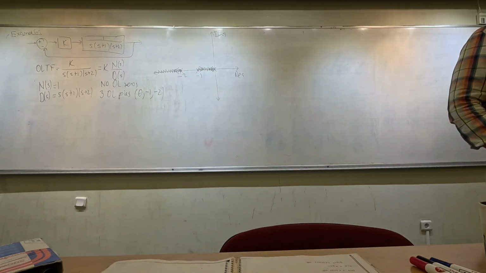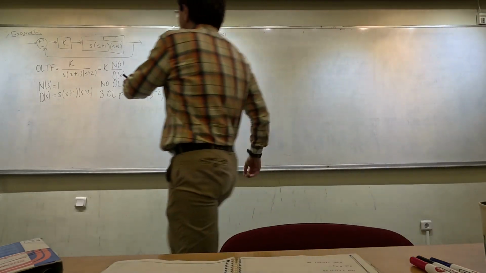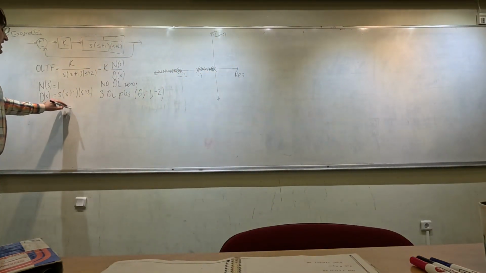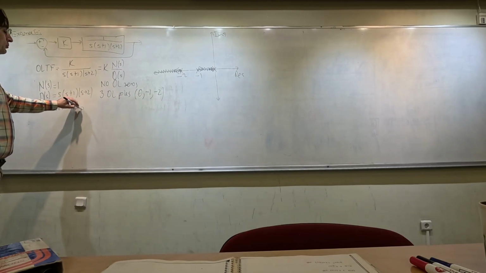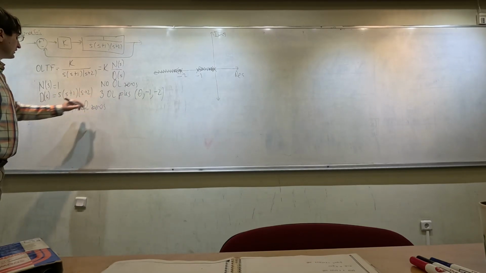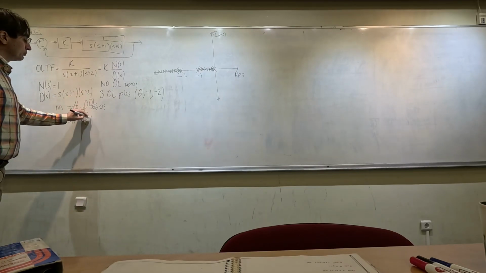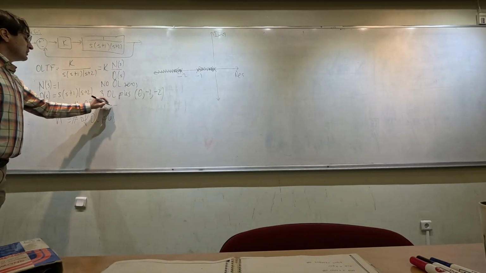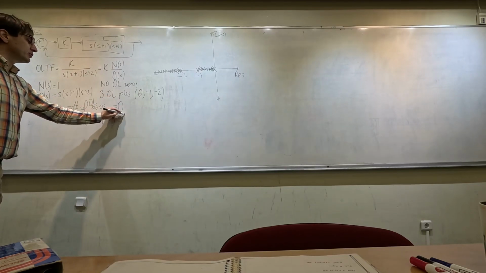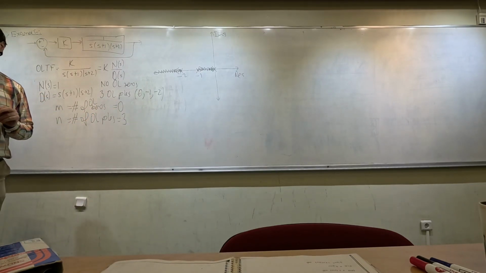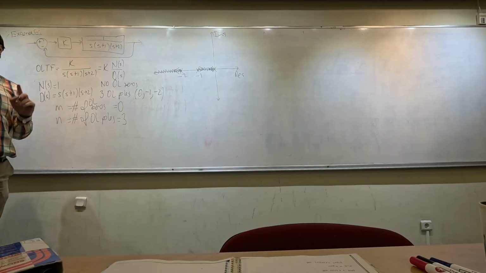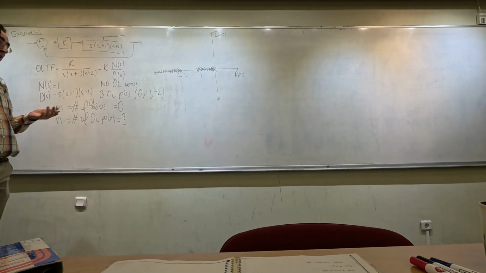If we call m the number of open loop zeros and n the number of open loop poles, m here in this case is 0 and n is 3. So how many asymptotes do you expect? We are going to have 3 asymptotes.